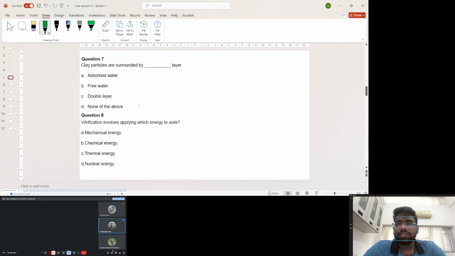So first we have to understand completely how the vicinity of the clay particles looks like. You know that a clay particle is a plate-like structure, which is essentially of negative charge, right?